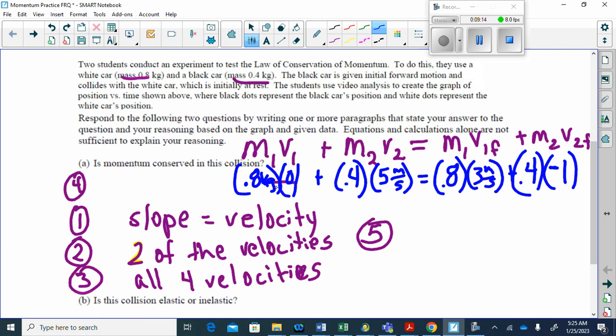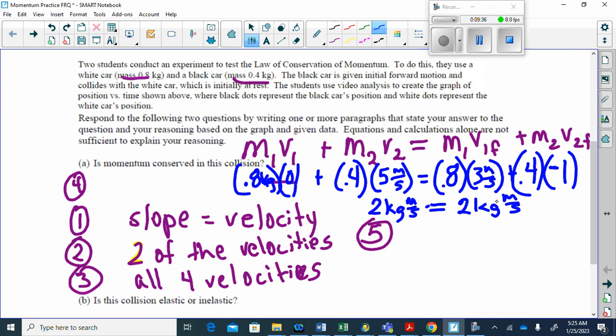And so if we do the math, this is 0, this is 2 kilogram meters per second. And on this side, we have 2.4 minus 0.4, which also gives us 2 kilogram meters per second on this side.